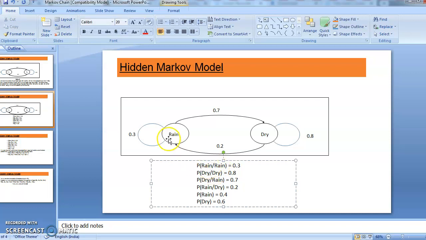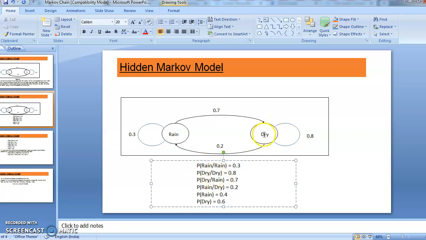What is the probability here? Rain to rain, the probability is 0.3. How will you read this? The denominator is the initial state and the numerator is the next state, that is, the state after the change.